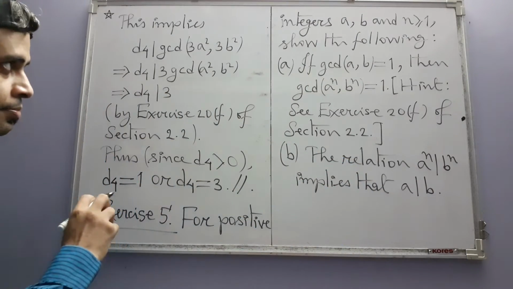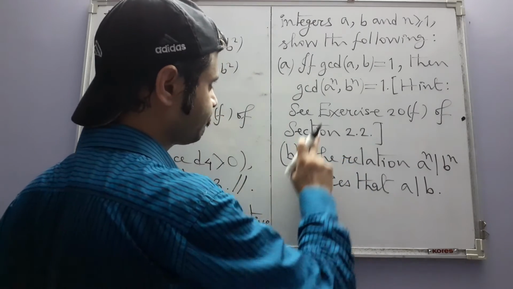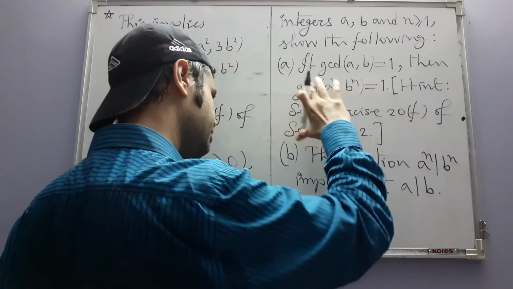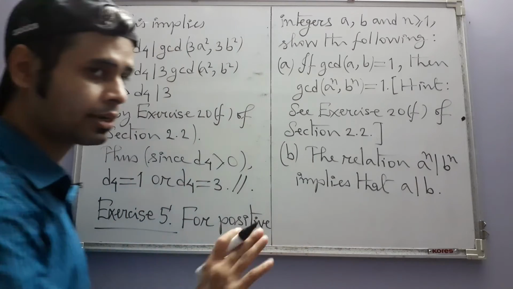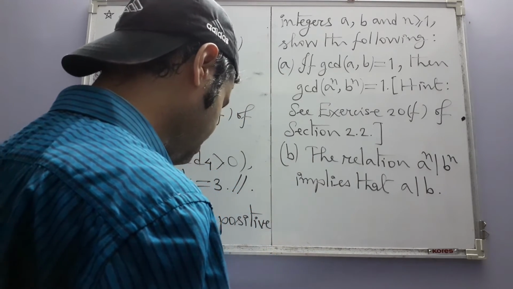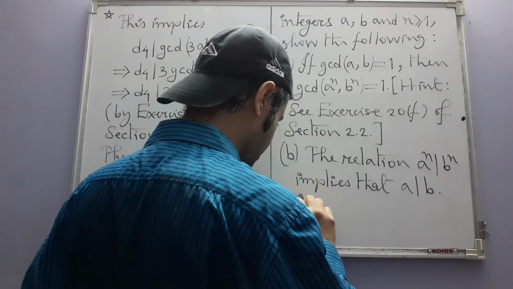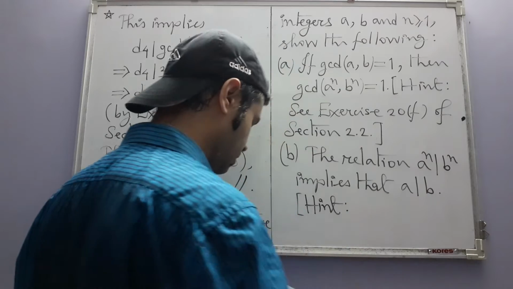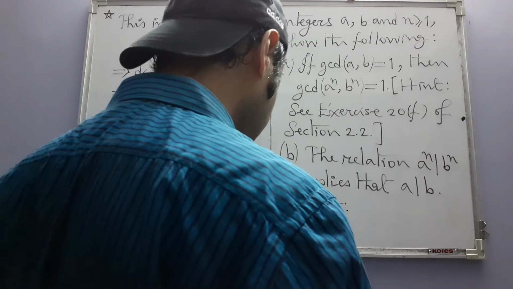Note that the hypothesis that a and b are relatively prime is only in part A. In part B, that hypothesis is not there. We may easily forget this. And here also a hint is given. In fact, in the hint, the entire solution itself has been given.